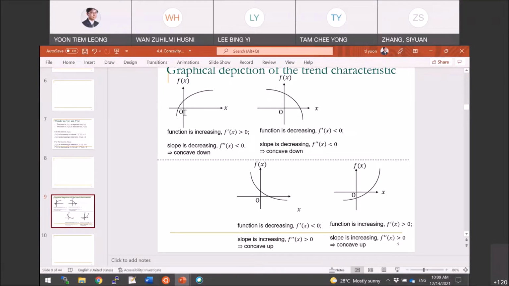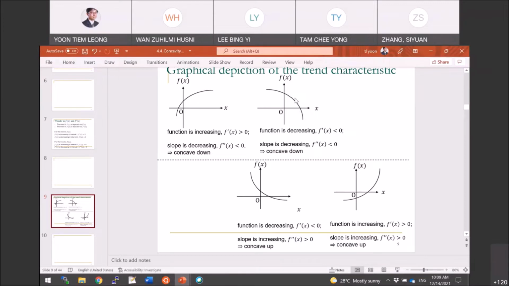For example, here you have a function that is increasing. This is also a function that is increasing, right? This is increasing with a down concavity, and this is increasing with an up concavity. Now this is a graph that is going down. This is also a graph that is going down, but this graph is going down with a negative concavity, or we say concave down.